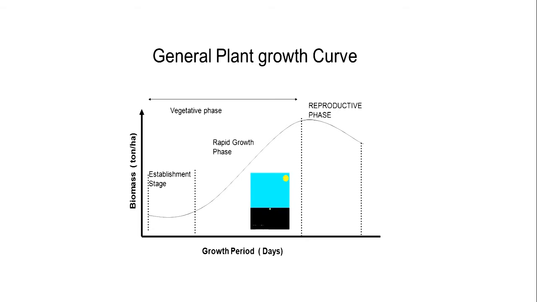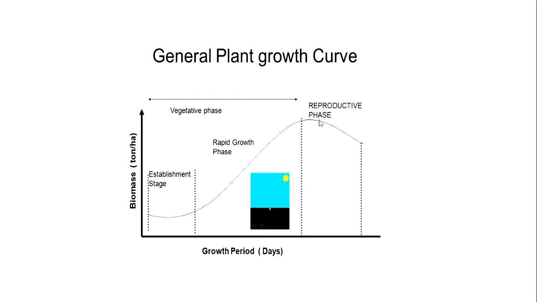So if we see a plant growth curve, we can evaluate the different stages of growth. In the growth curve, this is the lag phase or establishment stage. This is the rapid growth phase, or we can say the linear phase or log phase.